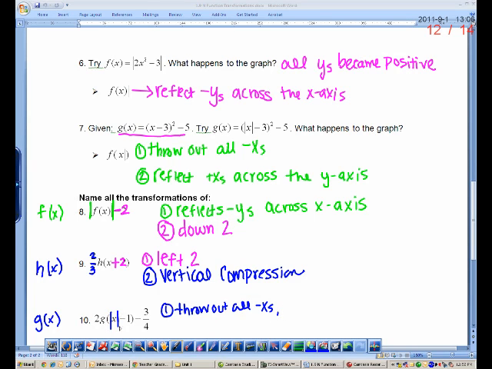Look where our absolute value is. This absolute value is around just the x. So we're going to follow rule number 7. And we're going to reflect positive x's across the y-axis.